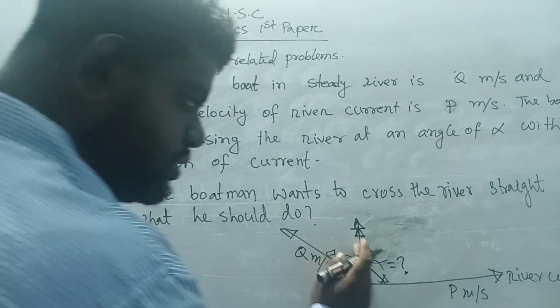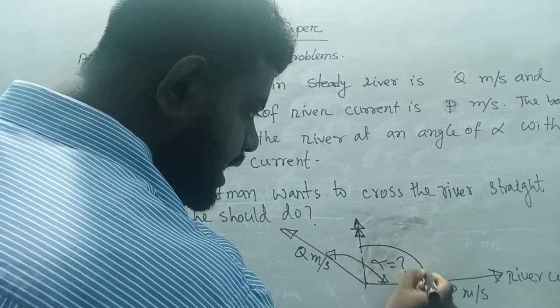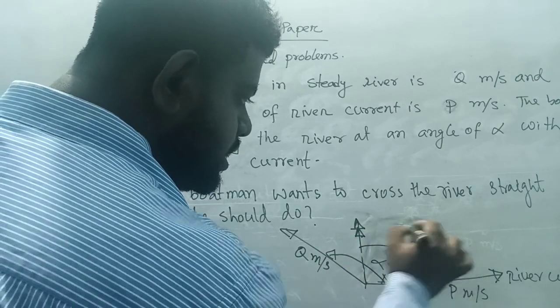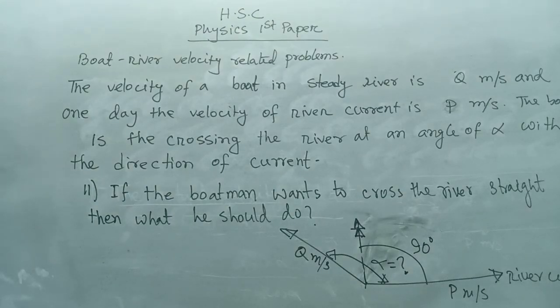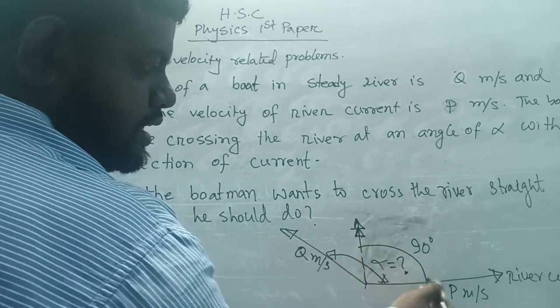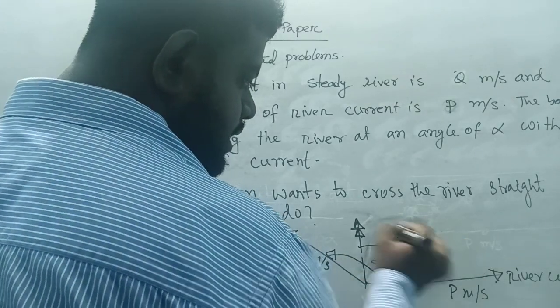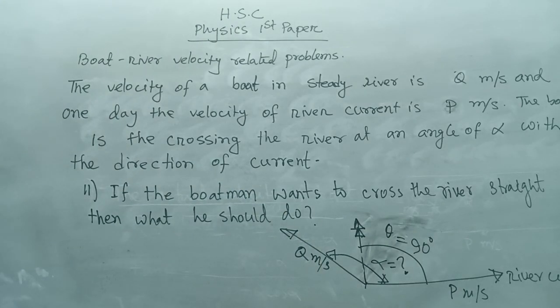So in this direction actually he will go, that means he is making an angle of 90 degrees with the river current. So you know the angle between the resultant and the P vector we denote by theta. So theta is equal to 90 degrees here.